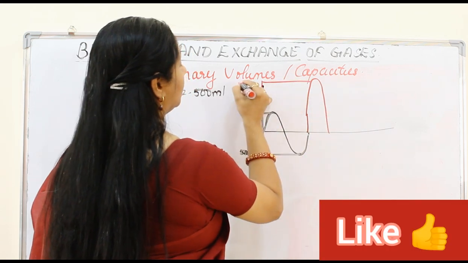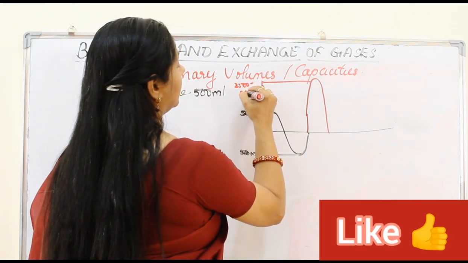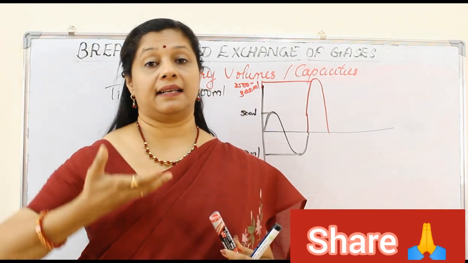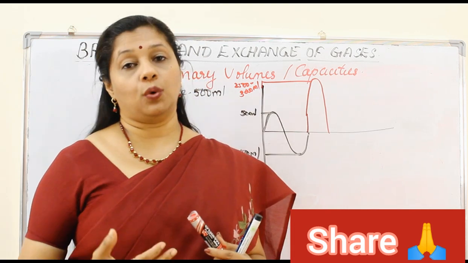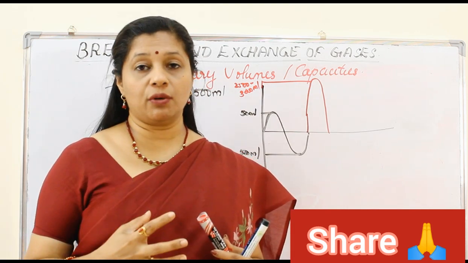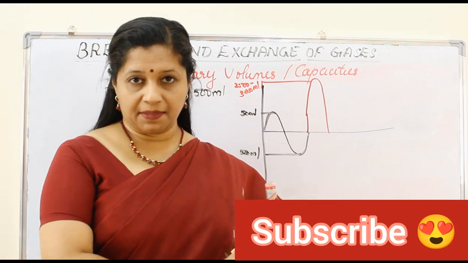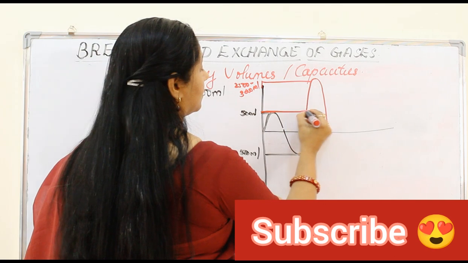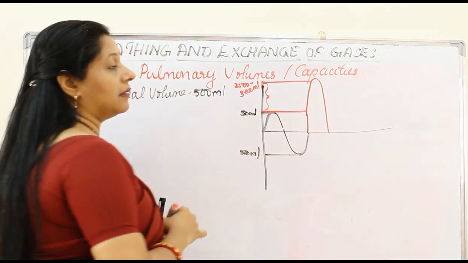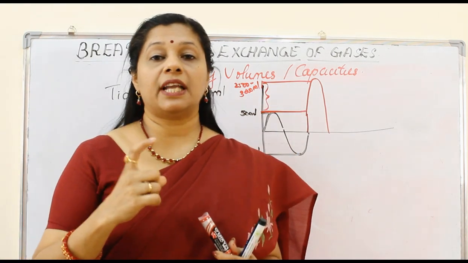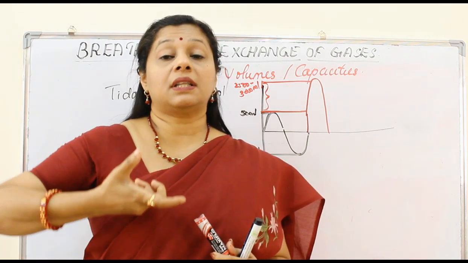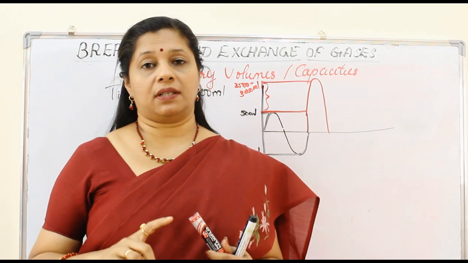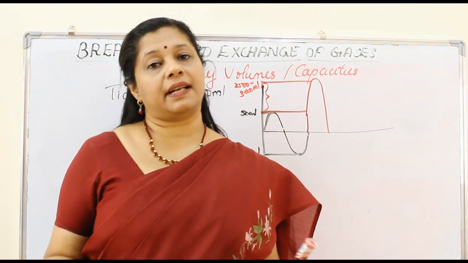Almost 2500 to 3000 ml of air can be inhaled other than the tidal volume. So the additional volume of air, tidal volume is there, let it be there. Additionally what I can do is from this end to this distance, that is marked here. What is the value? 2500 to 3000 ml. That is 3 liters of air I can take in excess of the normal one. So all these days I was simply taking half a liter and I was happy.